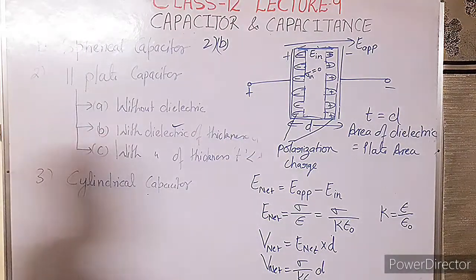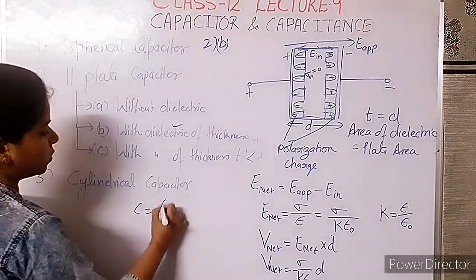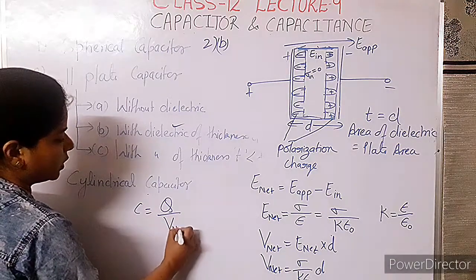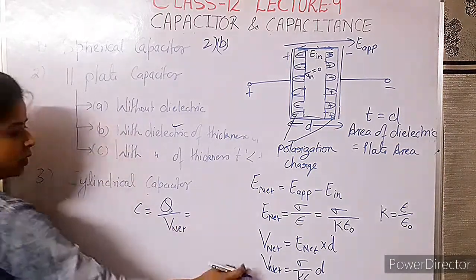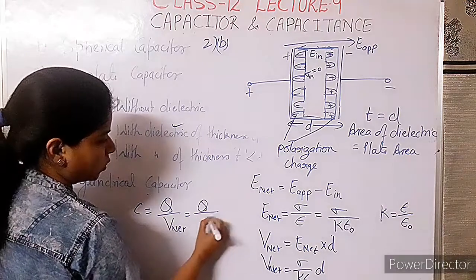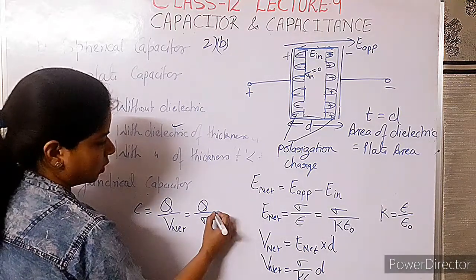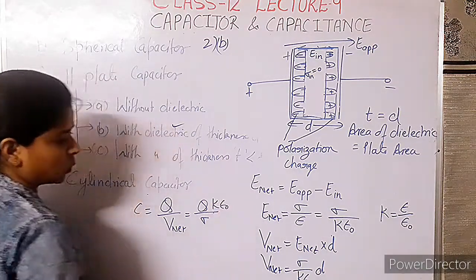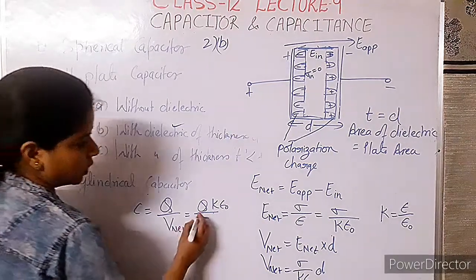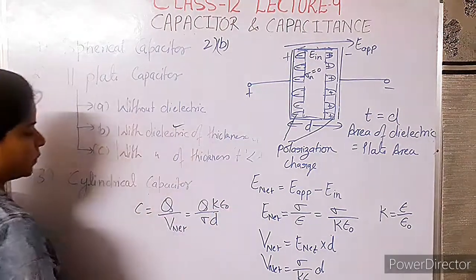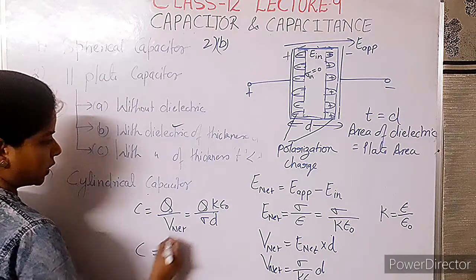Now we have to apply the law of capacitance. C is equal to Q by V net. So we can write the value sigma over K epsilon naught into D, which goes in the denominator. Now we can put down the value of sigma.